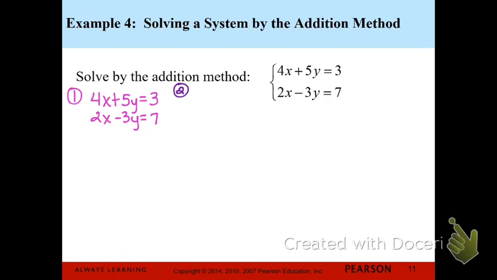No. In this case, no. So then the next thing that I personally look for is, do I have an x or y where at least they have different signs in the equations? One equation has a plus, one equation has a minus. I do that because I'm going to need to combine them, so I'm going to need them to have different signs. If they already have it, I don't have to multiply by a negative number on the outside. So since these already have it, I'm going to try to get rid of my y's. Doesn't matter, we could have done x's just as easily.